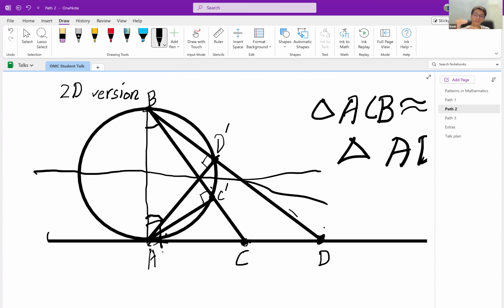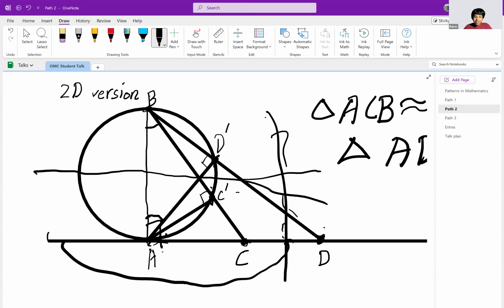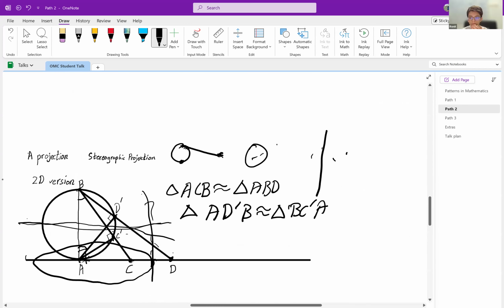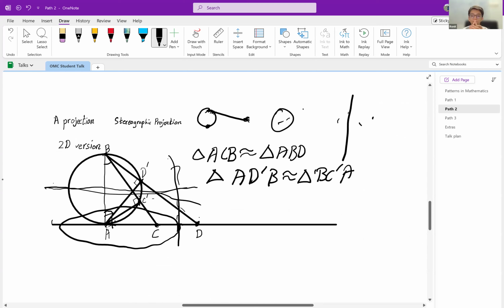Because they're all reflections of each other over the perpendicular bisector. So if you look at it, inversion around a circle is the same as reflection across this plane, if you look at the full version. Yes, I thought it was interesting and just wanted to share it.